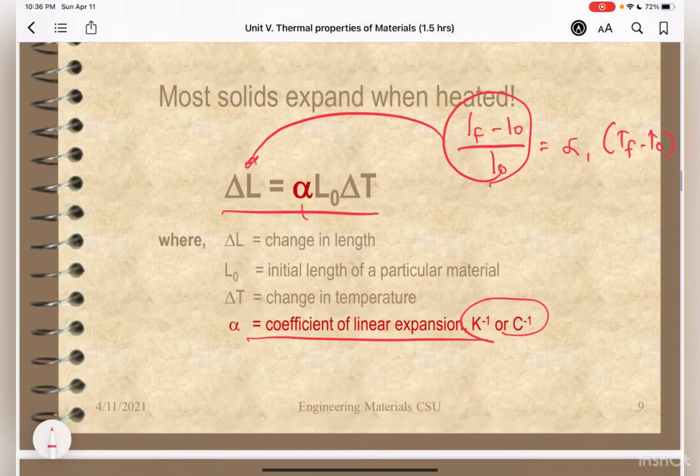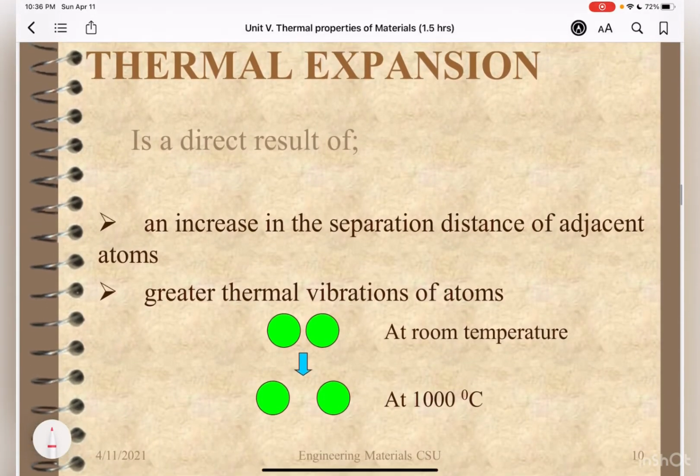Okay. Thermal expansion is actually a direct result of an increase in the separation distance of the adjacent atoms, and of course, the greater thermal vibration of atoms. For example, at room temperature, this is the position of the atoms.